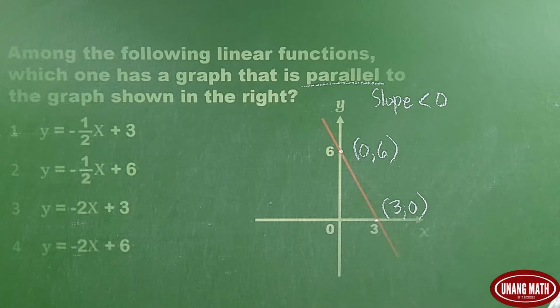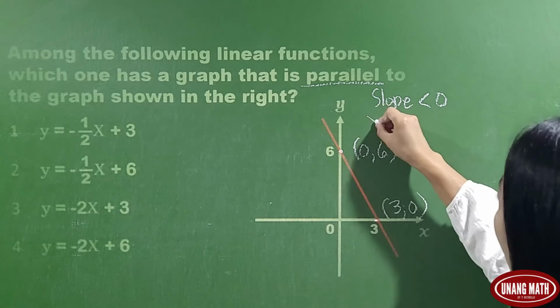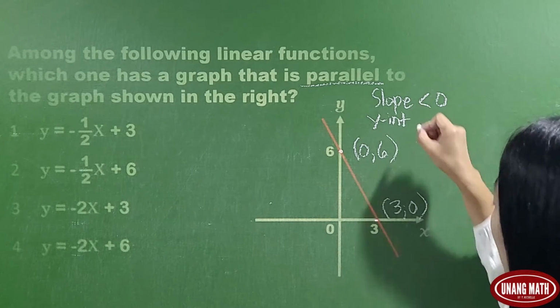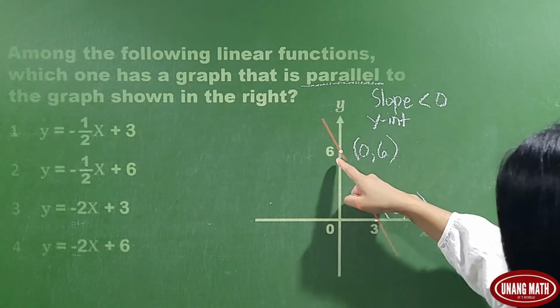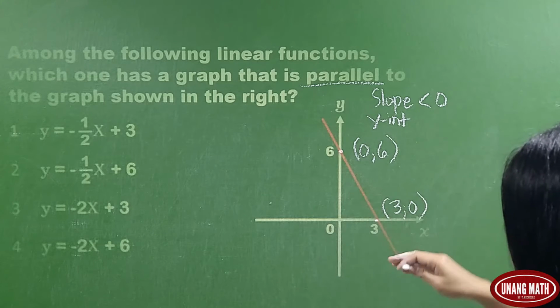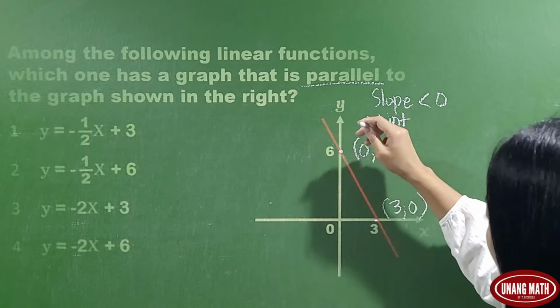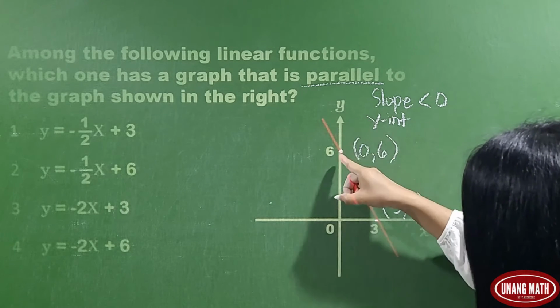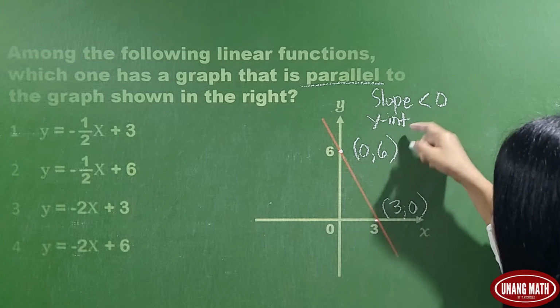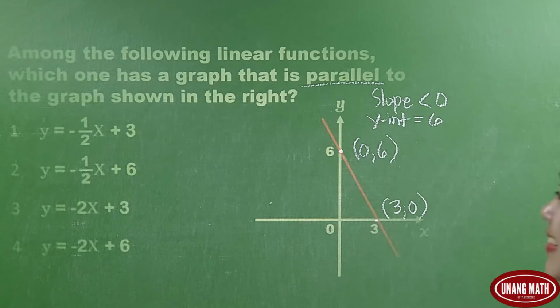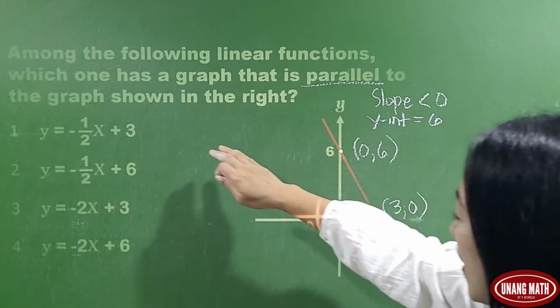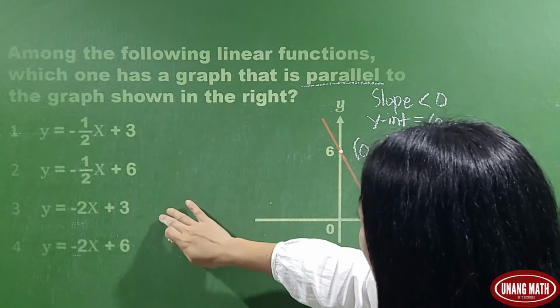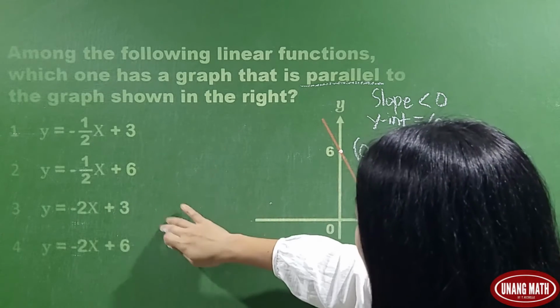What about the y-intercept? We can see that this graph passes through the positive y-axis, and that is 6. So the y-intercept is 6.